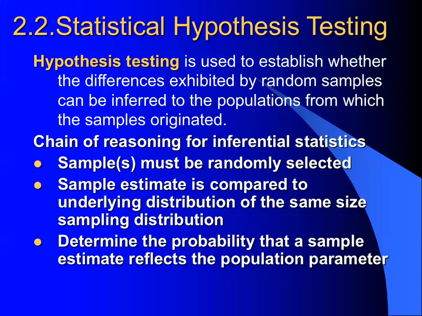So with hypothesis testing, we want to find the answer: is this difference significant or not? If it's significant, we can make a projection, and we can say that this difference is significant and we will observe the same in the general population.